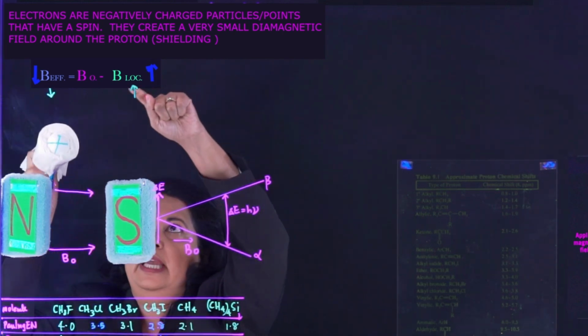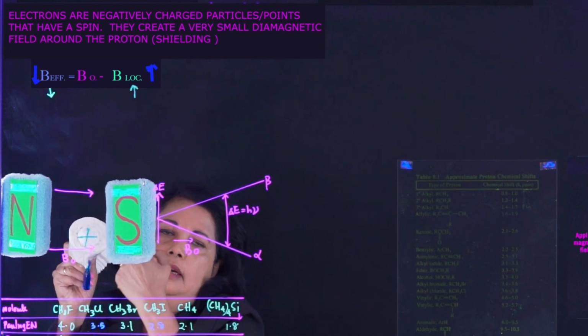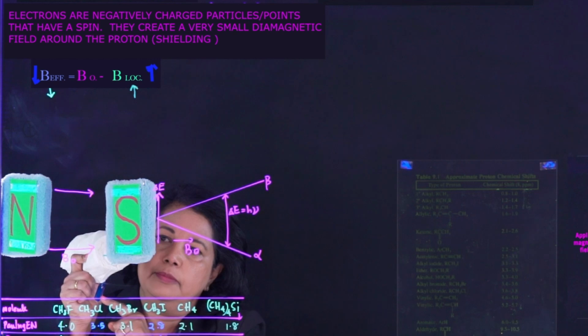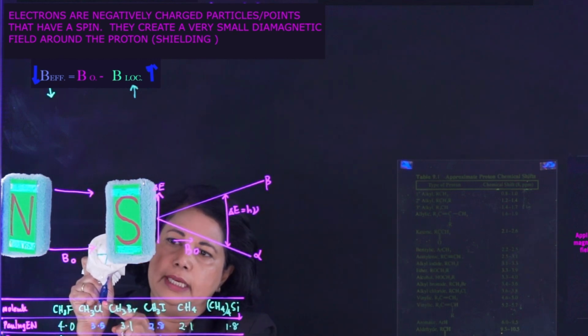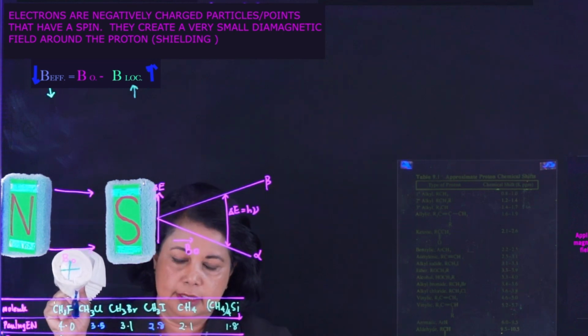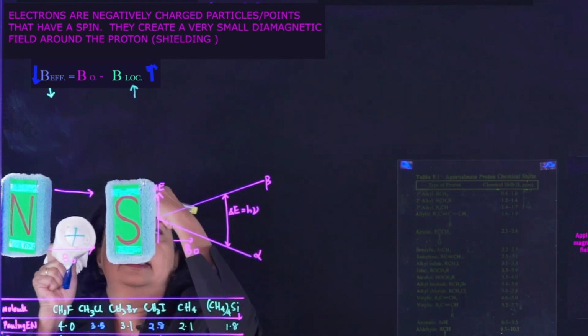So let's say we have a proton with a lot of electrons around it, connected to some atom that's electron donating, and so you have a lot of electron density around it.